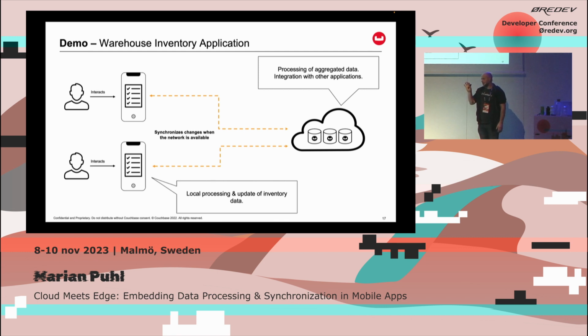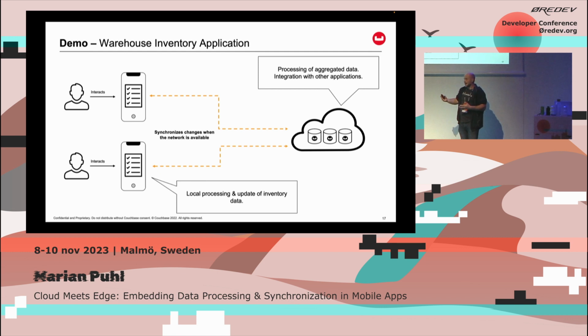And in this example, I have my master database or data store in the cloud, aggregating all the data from all the different warehouses where the data is updated and maintained. And from there, I can continue processing the data and analyze how popular certain products are.